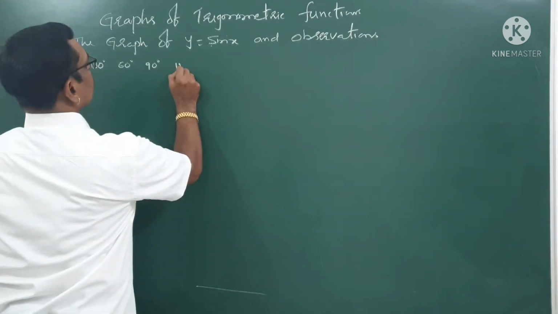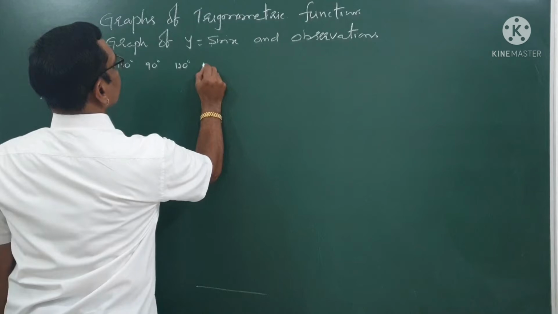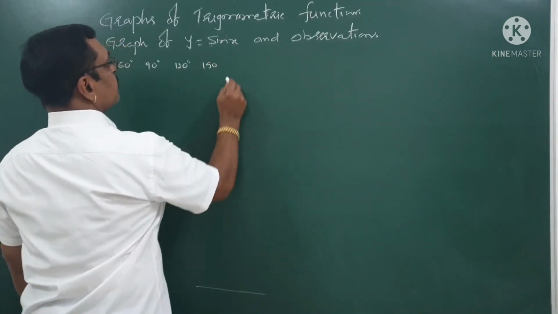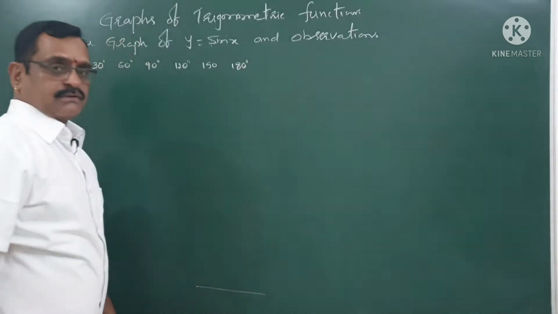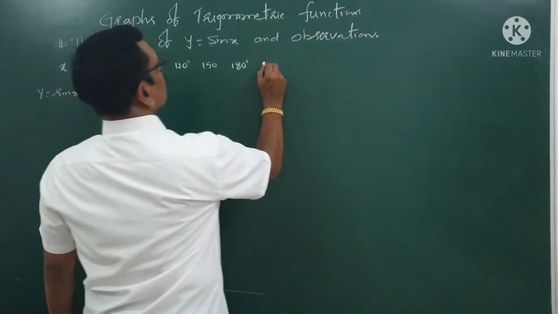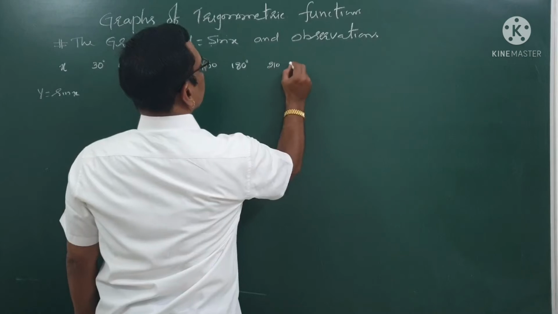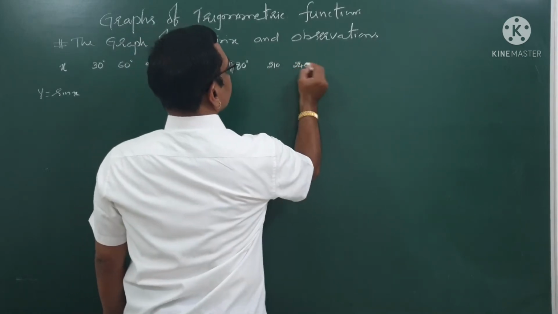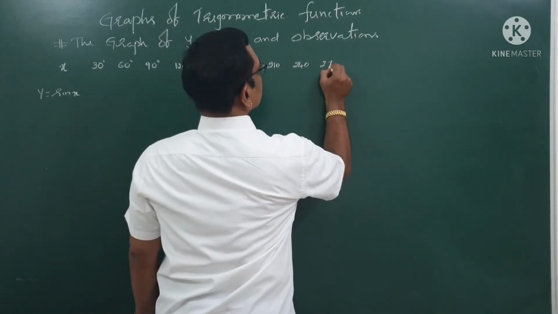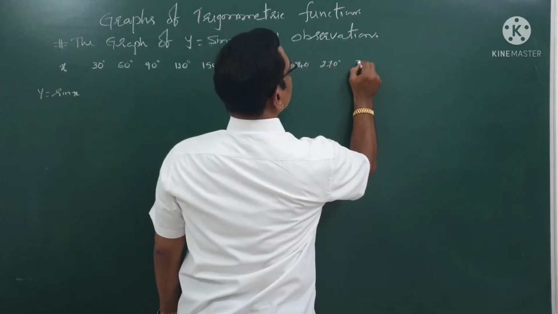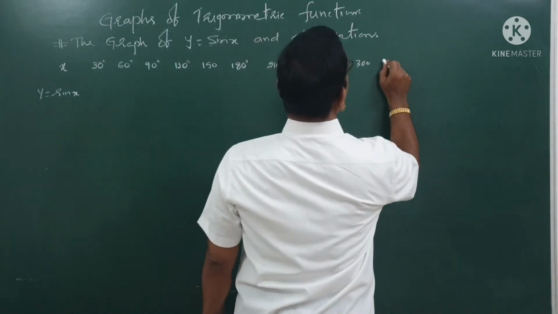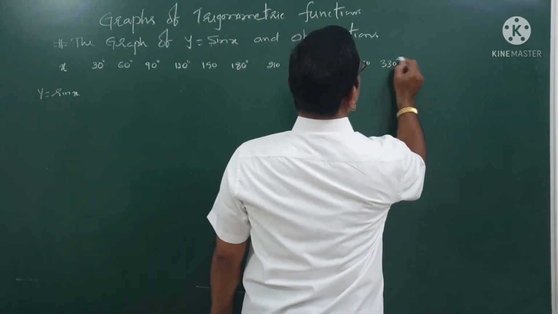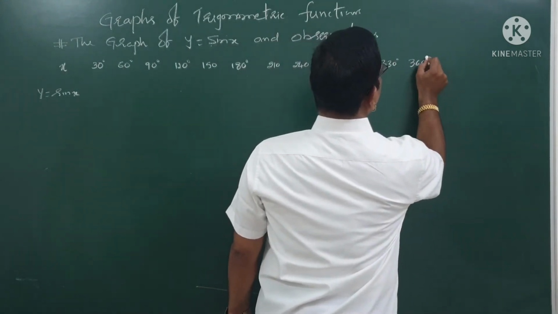Then 120 degrees, 150 degrees, 180 degrees, 210 degrees, 240 degrees, 270 degrees, 300 degrees, 330 degrees, and 360 degrees.